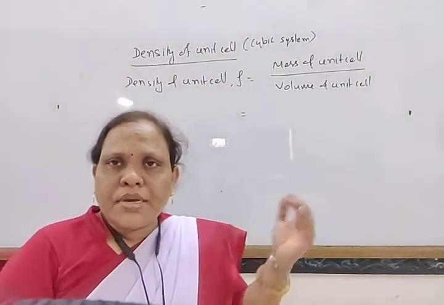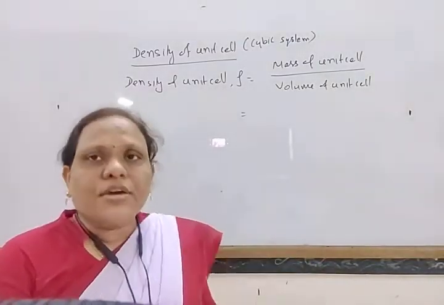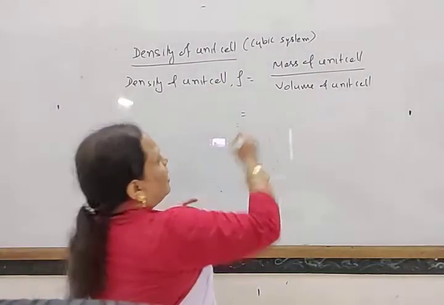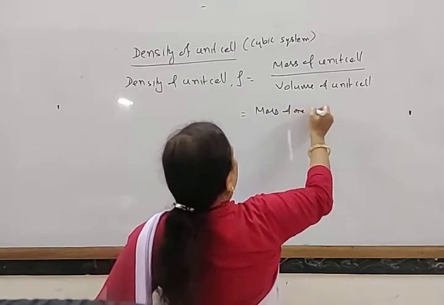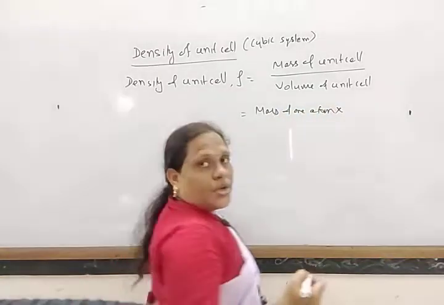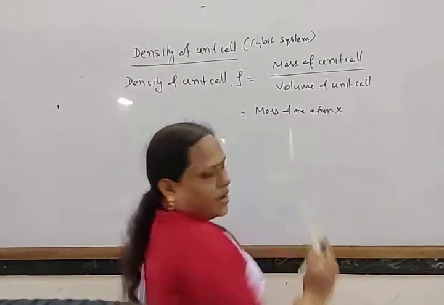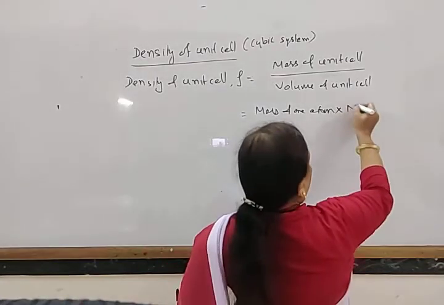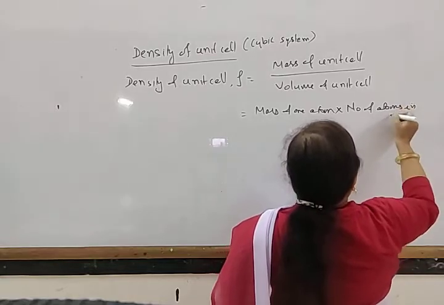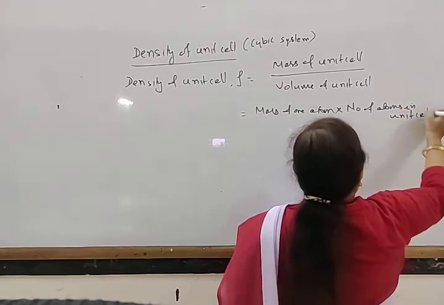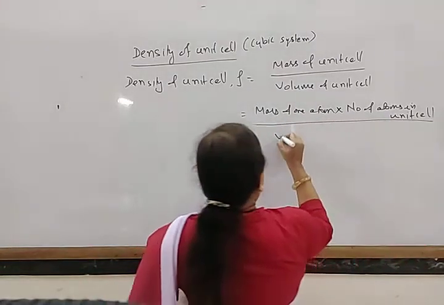That is the number of atoms present in a unit cell into the mass of one atom. So mass of unit cell equals mass of one atom into number of atoms in unit cell, divided by volume of unit cell.